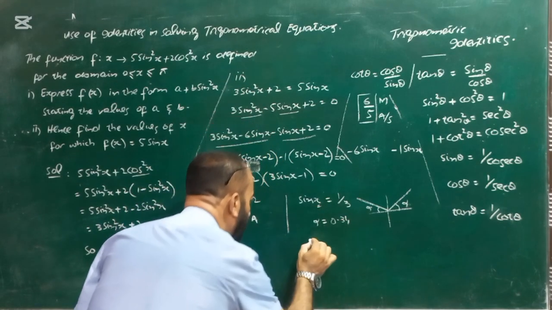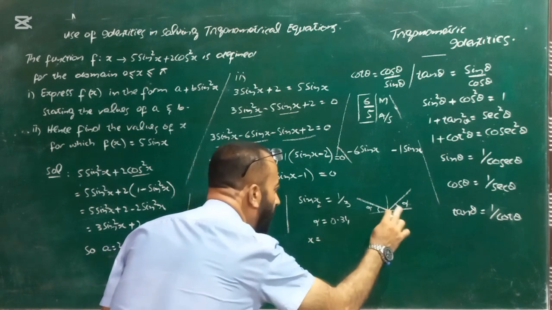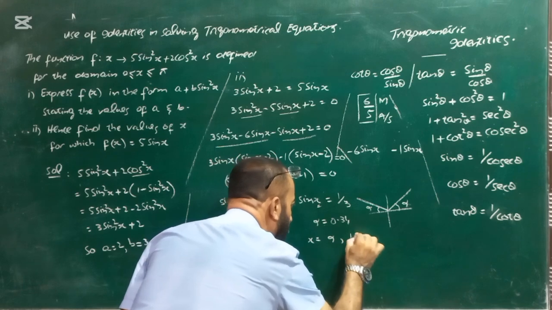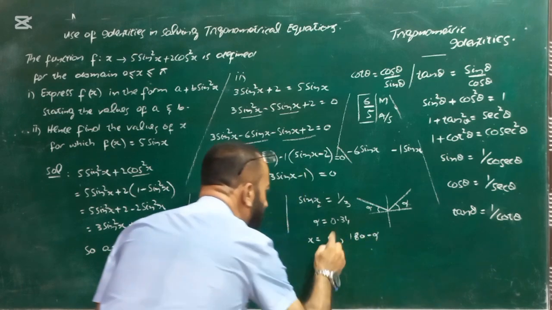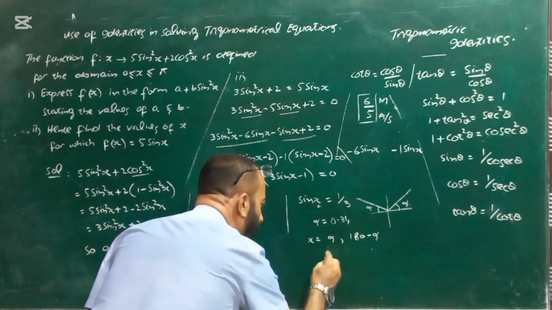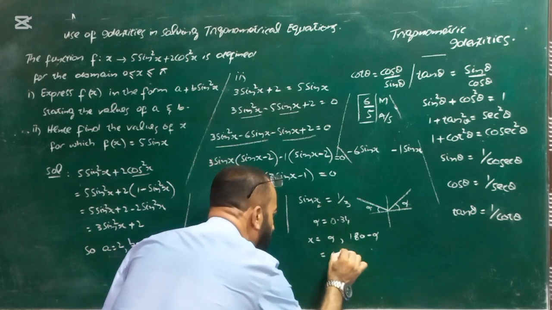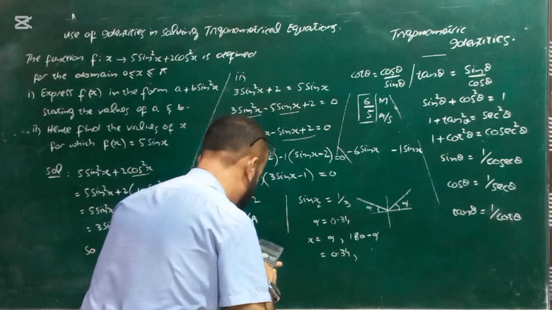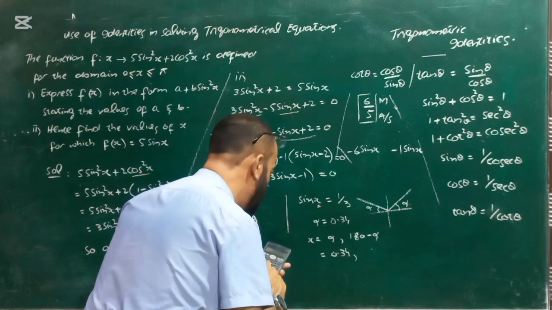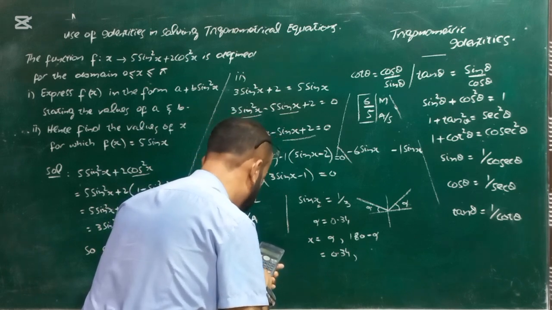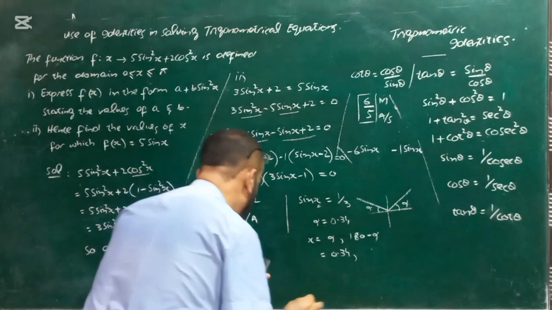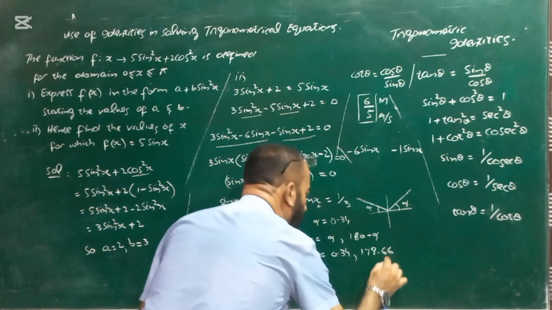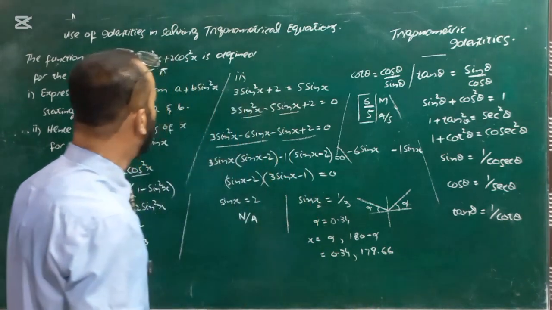Now the angle x will be equal to alpha, and the second angle will be 180 minus alpha. So putting values of alpha into these two, it will be 0.34, and 180 minus 0.34, 179.66. So these are the answers of this question.